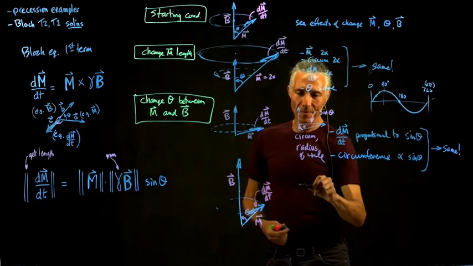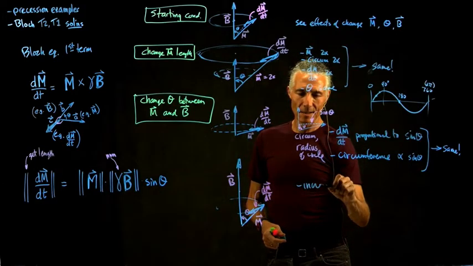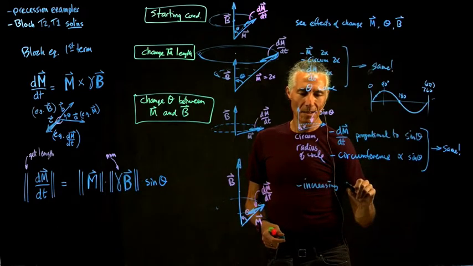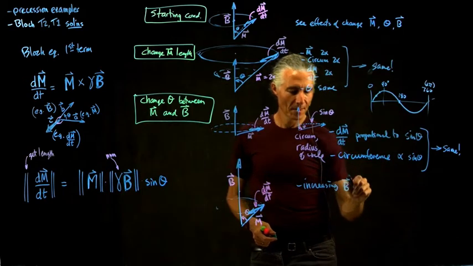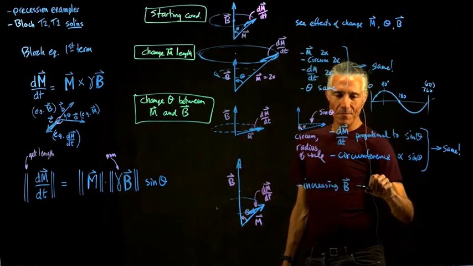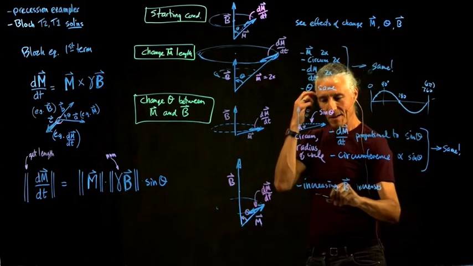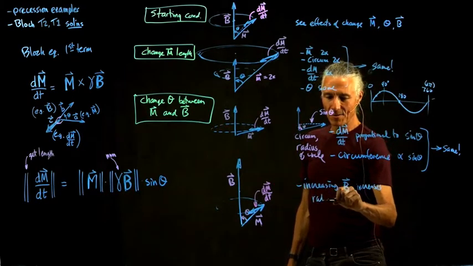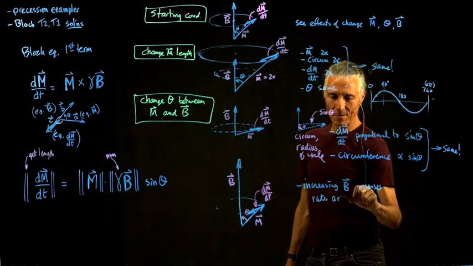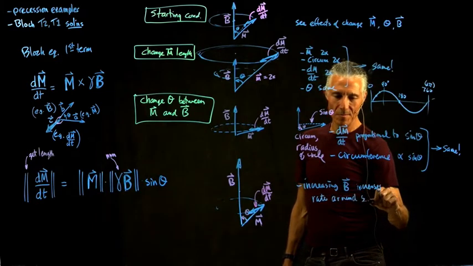Basically, increasing B increases the rate around the same size circle.